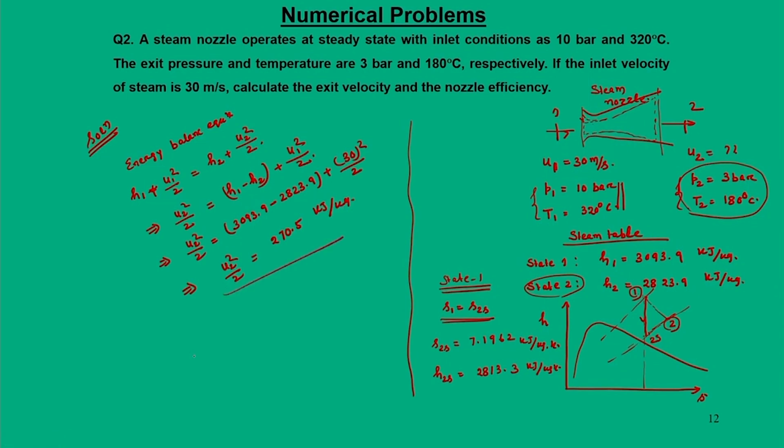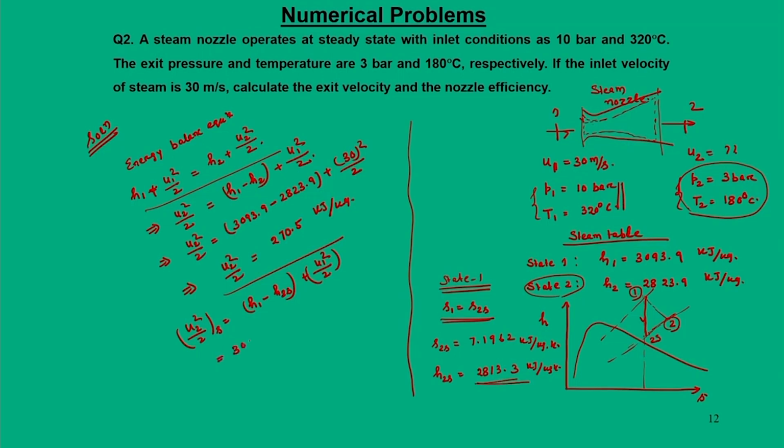Then we need to find out U2s square by 2. So again we can rewrite this equation in the manner that U2 square by 2 for an isentropic process would be H1 minus H2S plus U1 square by 2. So here H2S is 2813.3.